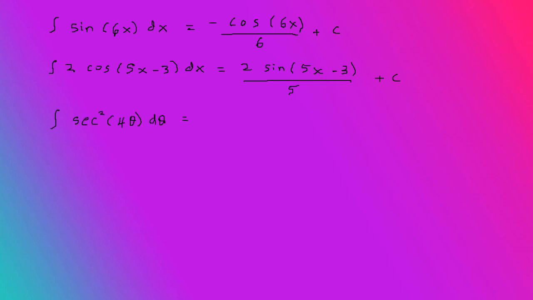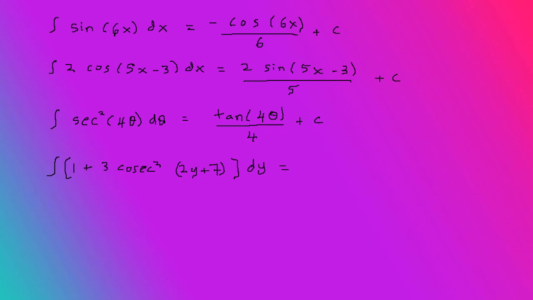Next, integrate secant square of 4 theta d theta. So integrate secant square, we will get tangent, and then write the function is 4 theta. And then divide by the constant for theta, which is 4, so divide by 4 plus c.